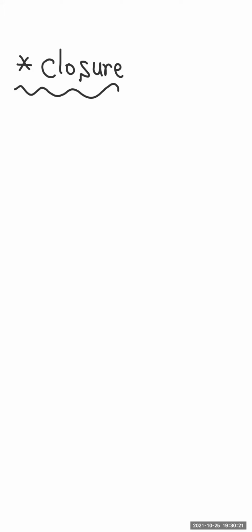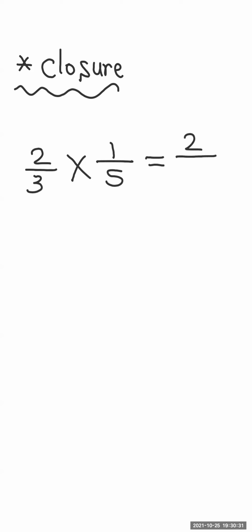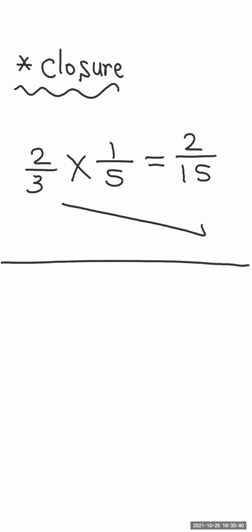Rational number multiplied by a rational number will equal a rational number. That's it. So the product of any two rational numbers is a rational number. Therefore, the rational numbers are closed under multiplication process.